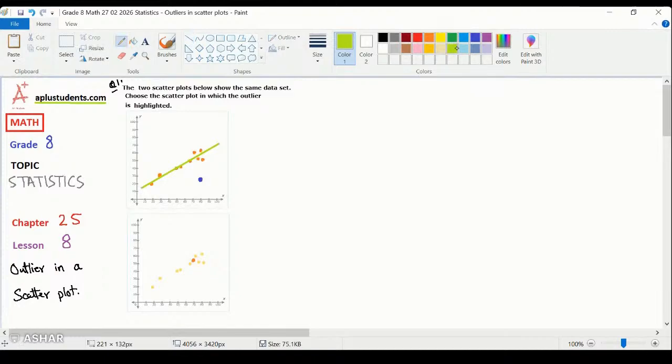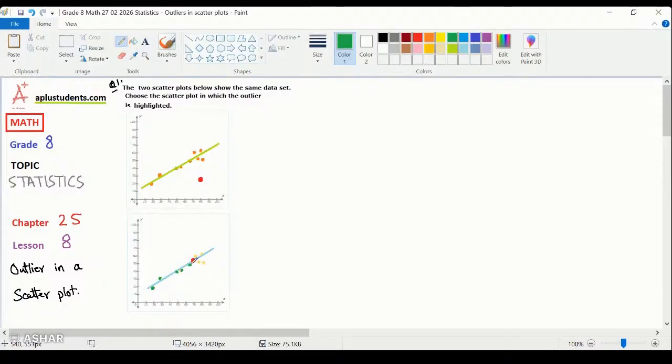If we draw the line of best fit for the second question, can we say this was the line of best fit? Where this marked point, these are the two options given to us. Which should be the outlier? An outlier is a point that is far away from the line.